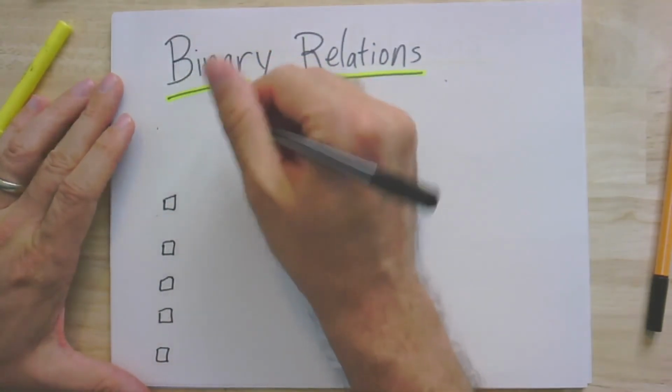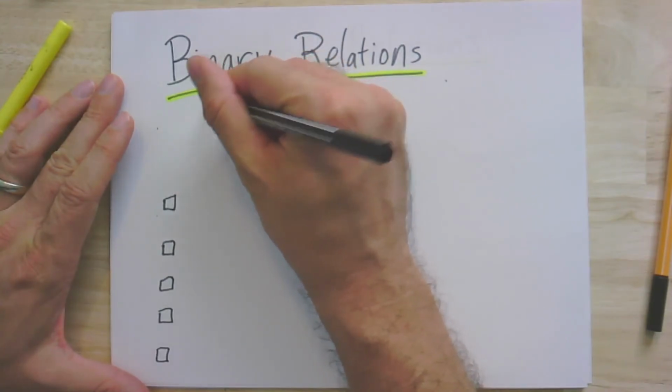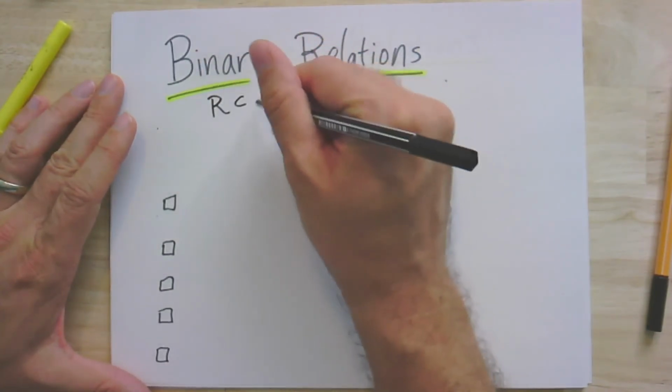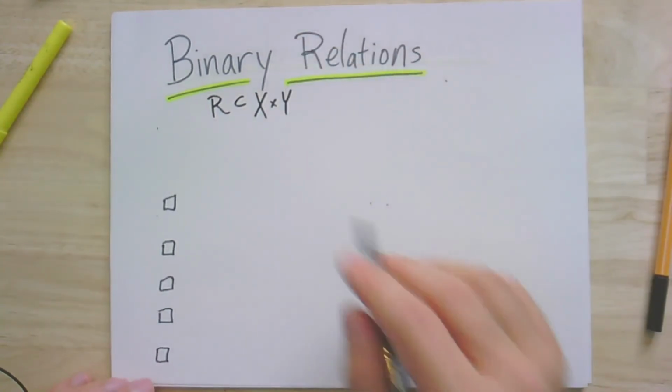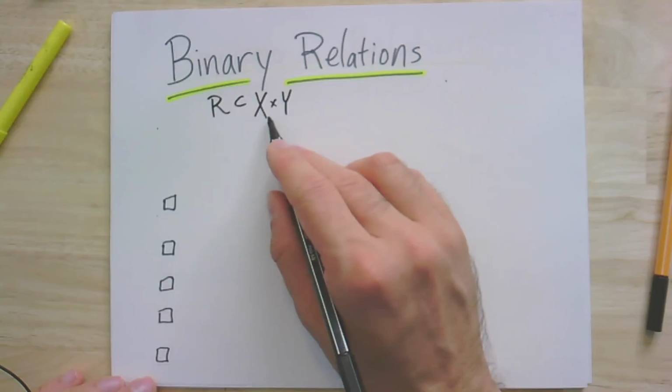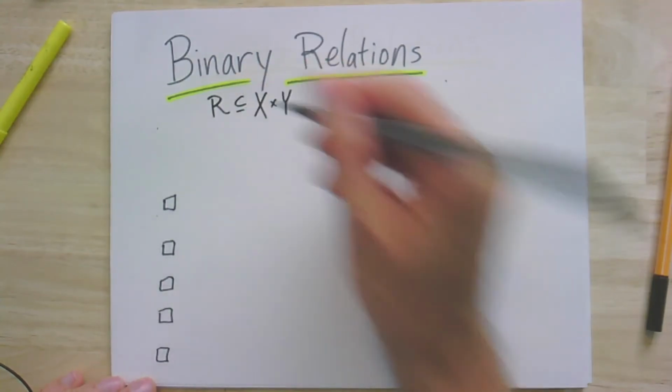When we have a pair of sets, a binary relation, let's call it R, is really just a subset of the Cartesian product of the two sets. That is, it's a set of ordered pairs. The kinds of relations you might be used to working with, you might not think of them this way.